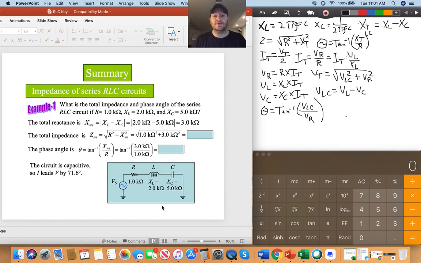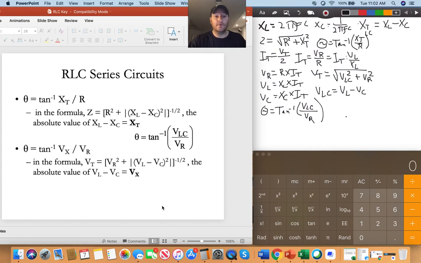Before we do our examples, I do want to talk about the power formulas as well. These are going to be the same as they've always been. Our power across our inductor is going to be the voltage drop across LC times IT.